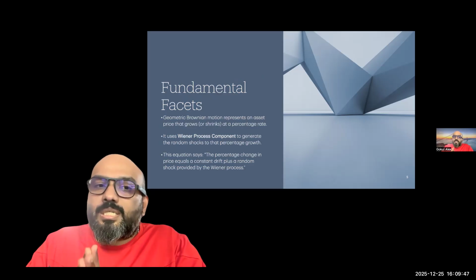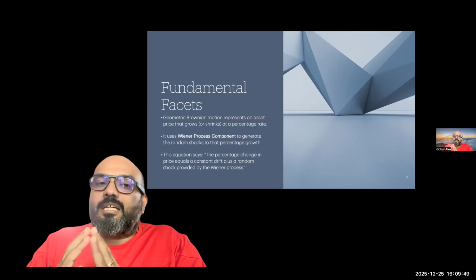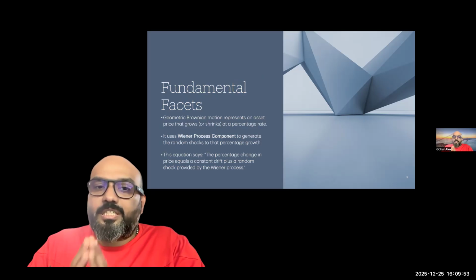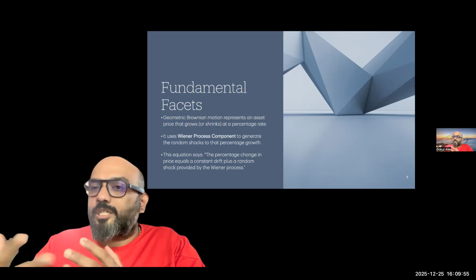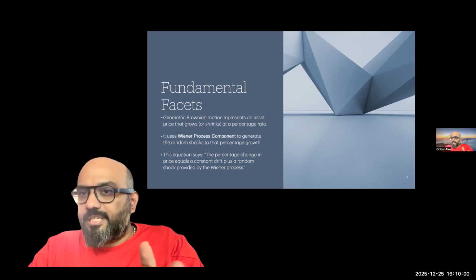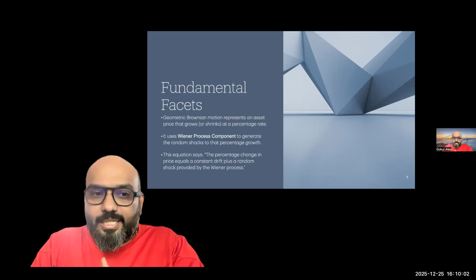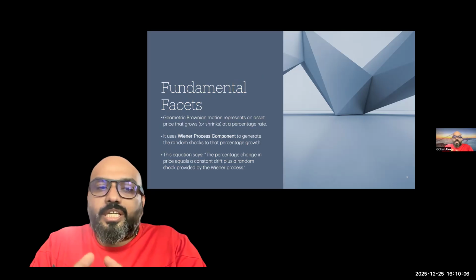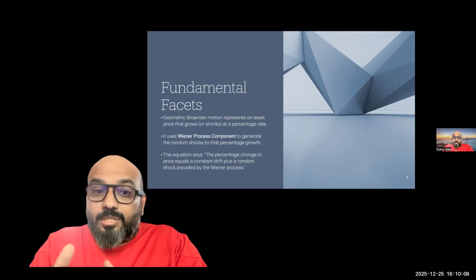So what is the fundamental aspect of the geometric Brownian motion? It represents an asset price that grows or shrinks at a percentage rate. Like we saw in the earlier slides, it uses a Wiener process component to generate random shocks to the percentage growth.